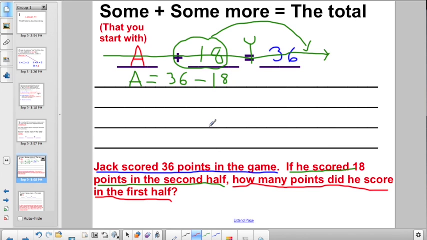Okay, combine terms or isolate a variable. In this case, I can combine terms right here. I have 36 minus 18. So now let's rewrite everything that's not underlined. I did not underline A. I did not underline the equal sign. And I have 36 minus 18.